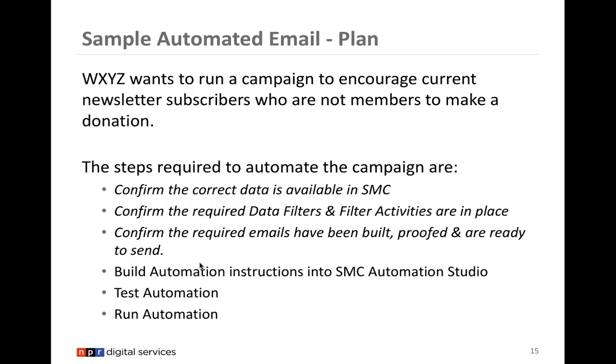So we've confirmed that we have the correct data in our data extension. We know that we can identify from our list who's a member and who's not a member. We've confirmed what data filters we need, and we have those in place, and we have a filter activity in place at our disposal too if we want to use that.